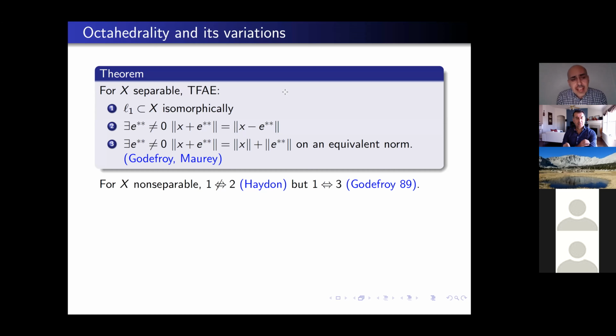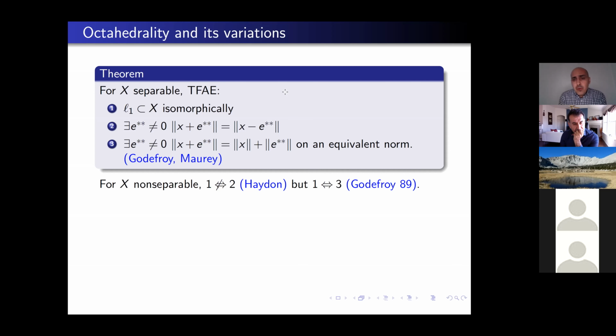And this condition 3 I added is something not about the norm itself of the space that contains L1. It says that a separable Banach space contains L1 if and only if there is an equivalent norm that has a stronger property: there is an element in the bidual so that whenever I add this element of the bidual to elements of X, it acts additively on elements of the space.